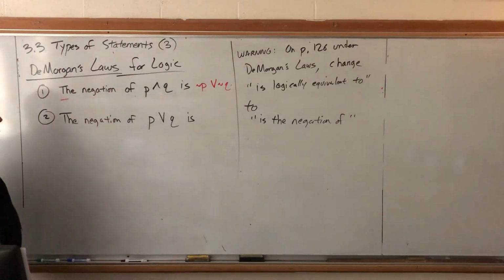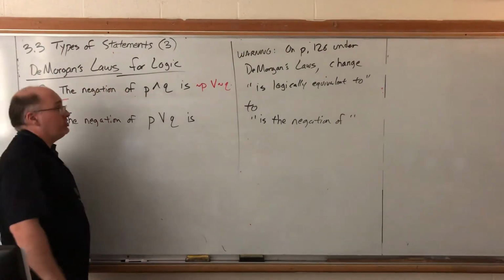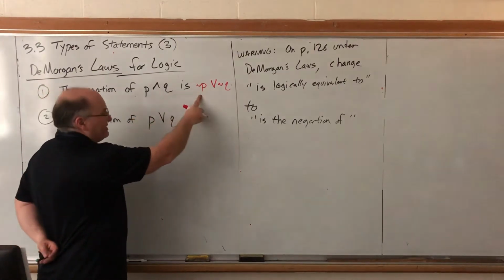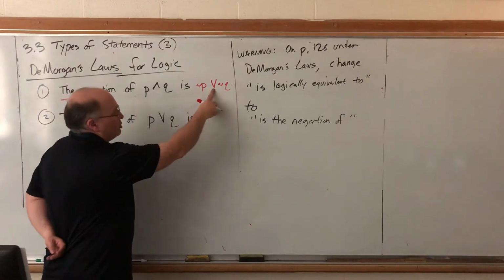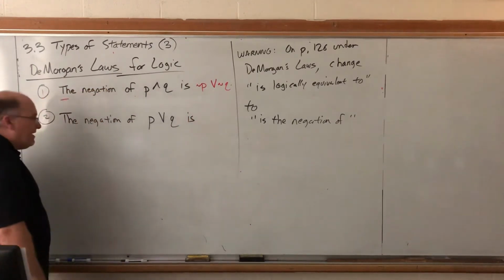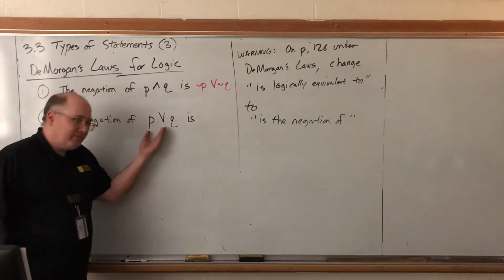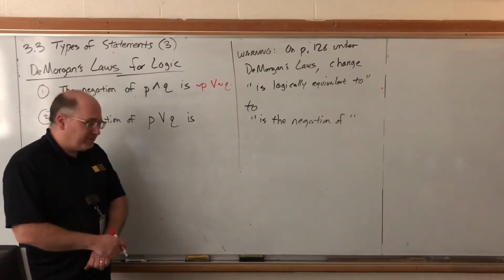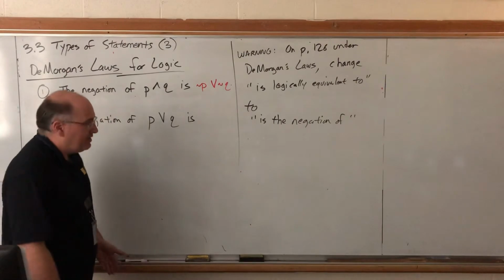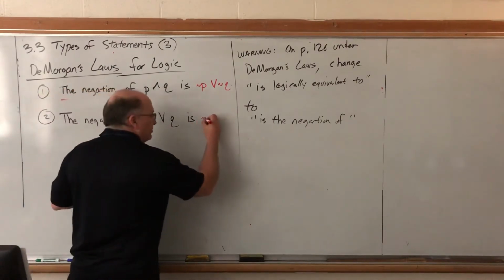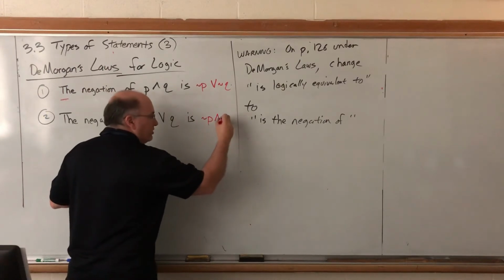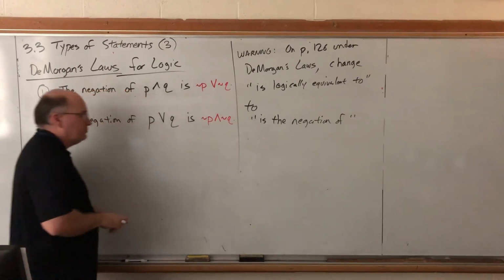So the negation of P conjunction Q is negation P disjunction negation Q. And vice versa with disjunction. If I said I have a dog or I have a cat and I was lying, that would mean I don't have a dog, negation P, and conjunction, I don't have a cat.